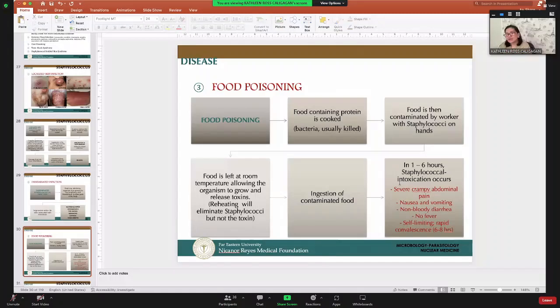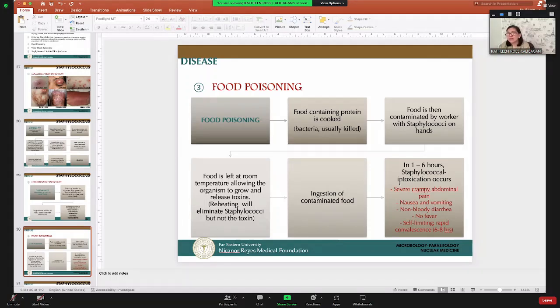How do you get food poisoning from Staphylococcus? Food containing protein is cooked. During the cooking process, the bacteria are killed, since they are susceptible to heat. But when the food is then handled by a worker with contaminated hands, it is contaminated again, and if left at room temperature, this allows growth of the organism.